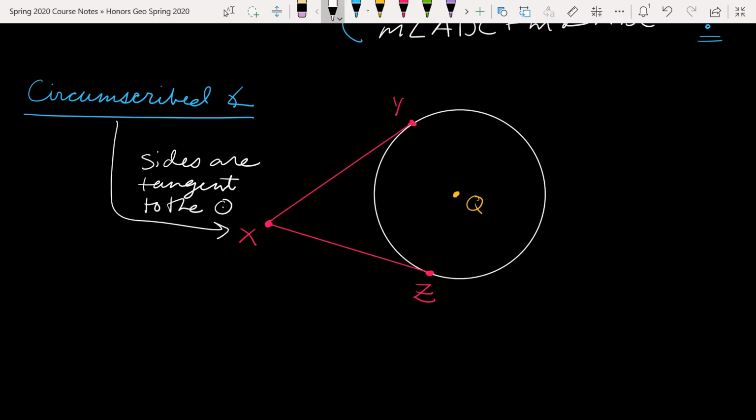We actually already know a heck of a lot about tangents from external points to circles, and we can use that information to prove an important theorem about the measure of circumscribed angles. First, we should notice that this circumscribed angle intercepts an arc YZ.